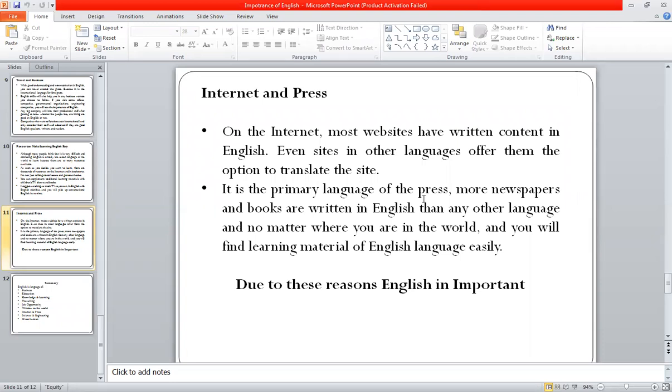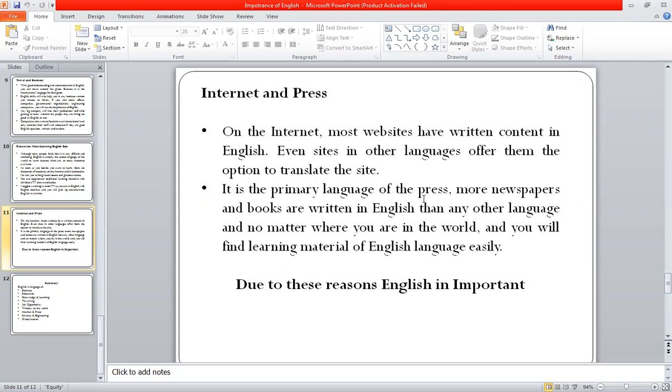Whatever news channels are there which have English as a language, try to follow those channels for the betterment of your English language or spoken English.